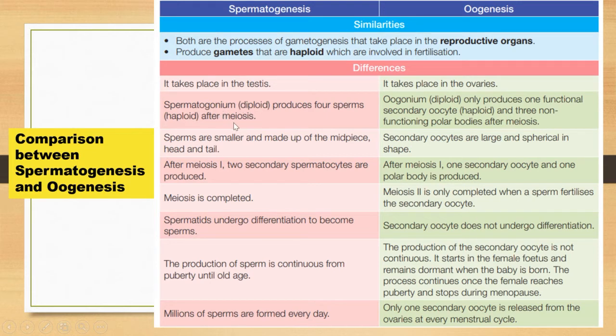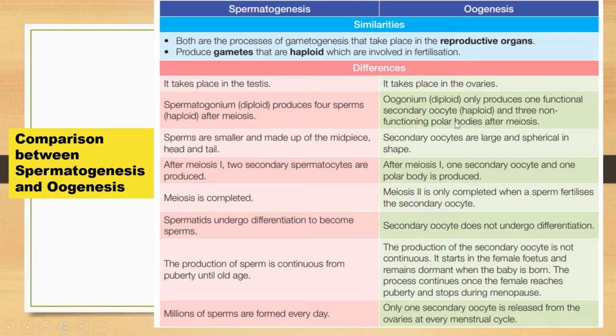Whereas oogonium is produced when the germinal cells of the ovaries undergo mitosis. This oogonium only produces one functional secondary oocyte, which is haploid, and 3 non-functional polar bodies.